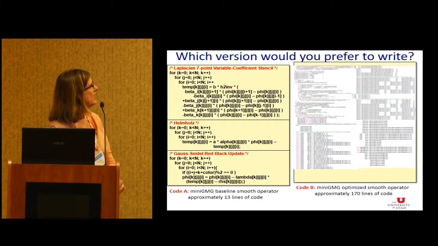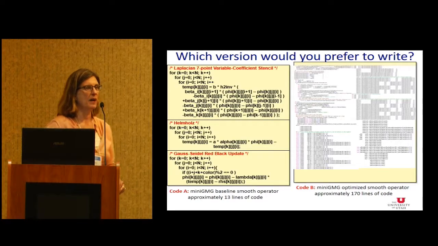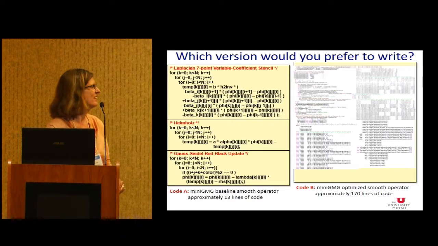It's 3 operators that are composed together to be the smooth operator for the baseline mini-GMG. And on the right is the hand-optimized mini-GMG that performs the same computation, and now is 170 lines of code. And this is actually just the sequential code so that I could do a side-by-side comparison. The parallel code is even bigger, okay?